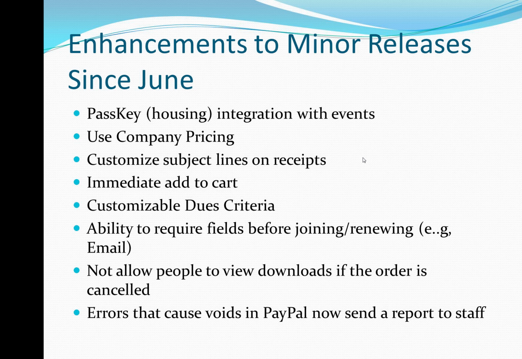For example, first name, last name, company number, company name, order number, number of items purchased, the names of the items, and it's really through, like I said, a word merge type feature that you can customize those for orders, for dues, even on an event by event basis. You can customize it where for events, one webinar gets this kind of subject line in the receipt and this other one gets a different one. So that's all in there.